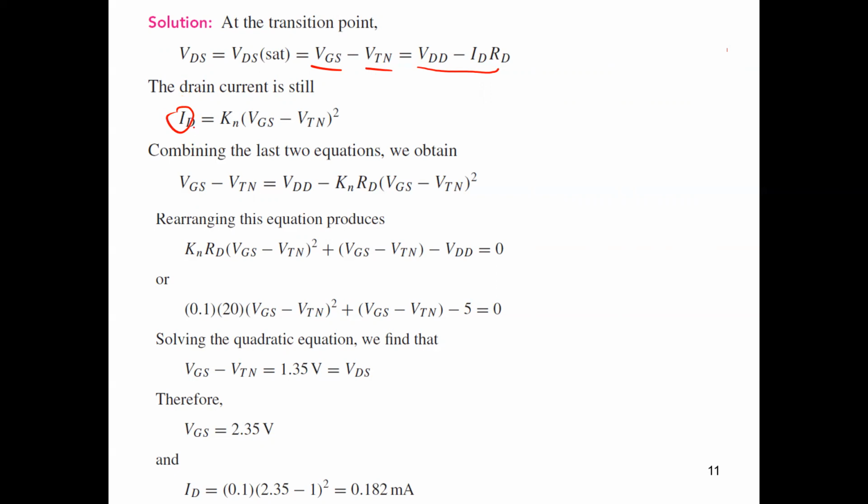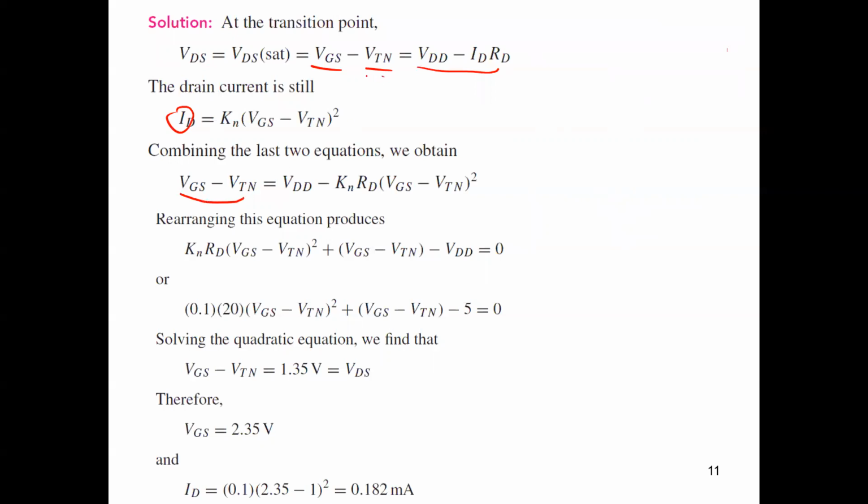So we can say now VDD minus Kn times (VGS minus VTN) squared times RD equals VGS minus VTN.